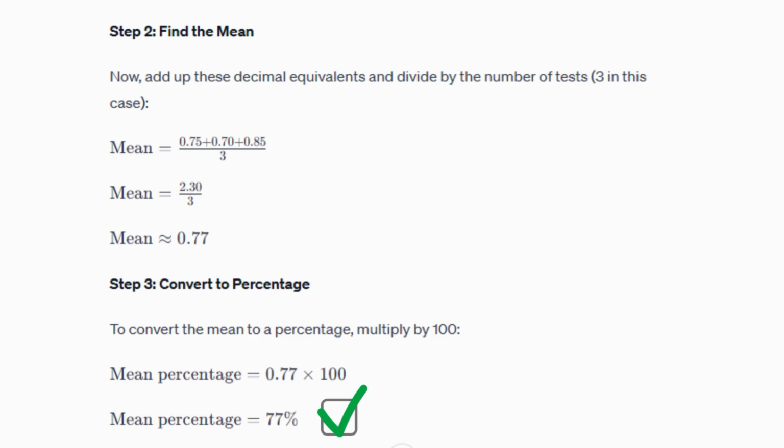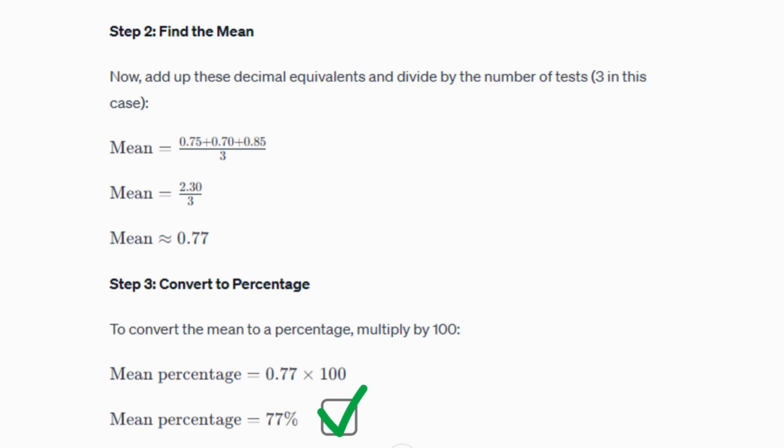Now we're going to step 2. We're going to find the mean. Now you add up these decimal equivalents and you divide by the number of tests, and that we did 3 tests in this case, right? So we say 0.75 plus 0.70, 70%, plus 0.85 or 85%, and we got 2.30.